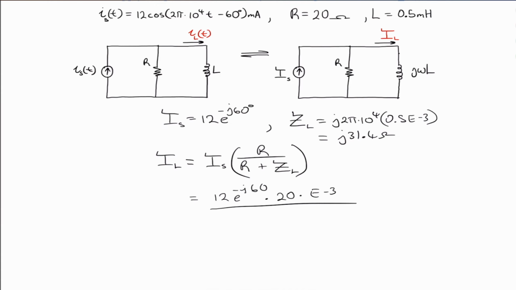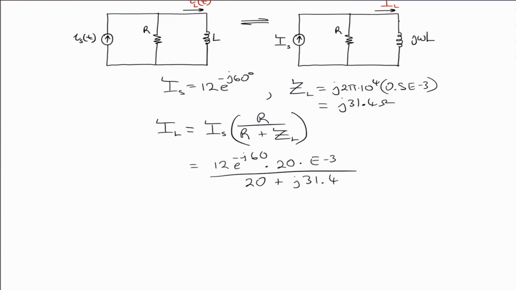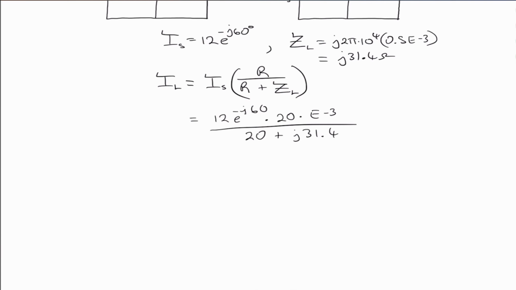Our bottom, the resistance is still 20 plus a positive j 31.4 ohms. So we can go ahead and convert our denominator into polar form so we can divide easily. The numerator simplifies to 0.24 times the complex exponential e to the j 60 degrees.